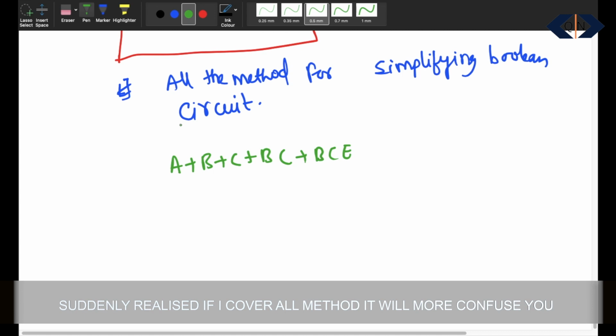So what methods will I be covering? The first method is algebraic manipulation. It is already covered, which we have done now. This is the algebraic manipulation method.